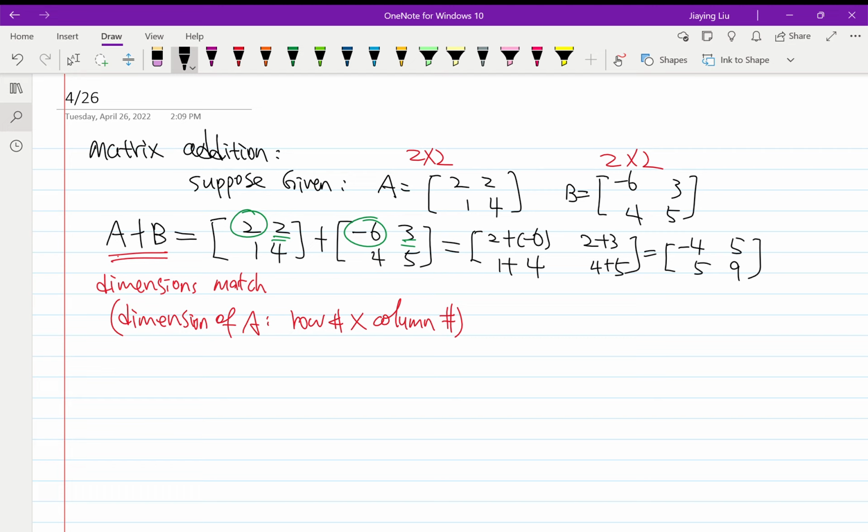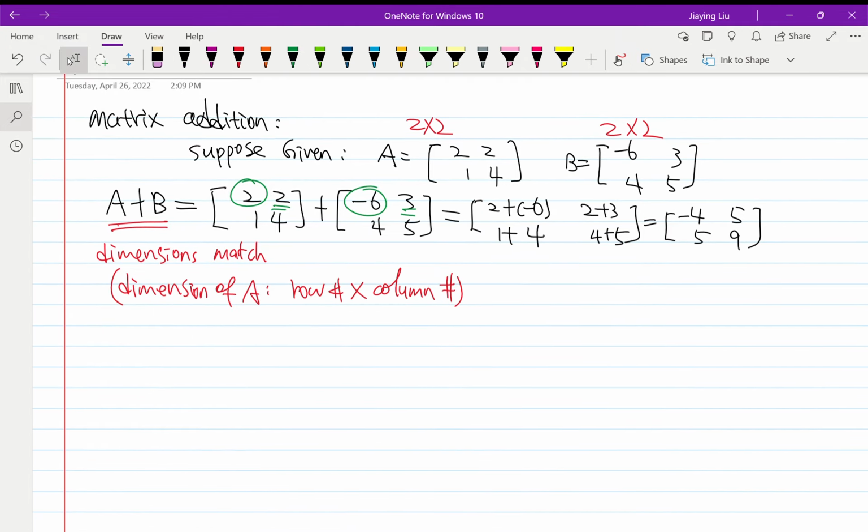Subtraction is the same. We just subtract corresponding elements. So the next thing is scalar multiplication. We can take a number, for example 5 in this case, and then we can multiply it with the matrix A. So that's 5 times 2, 2, 1, 4.